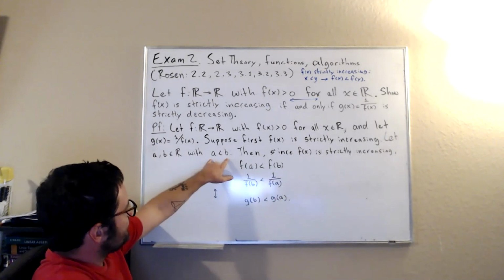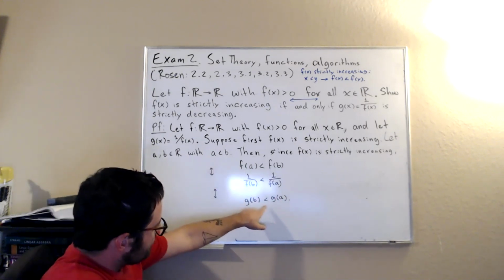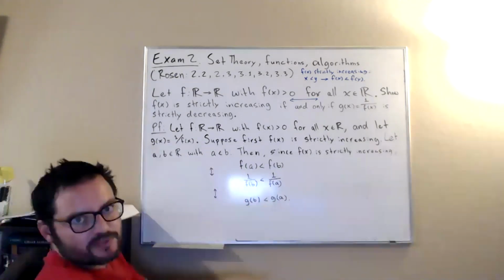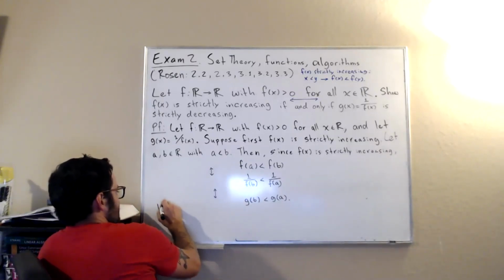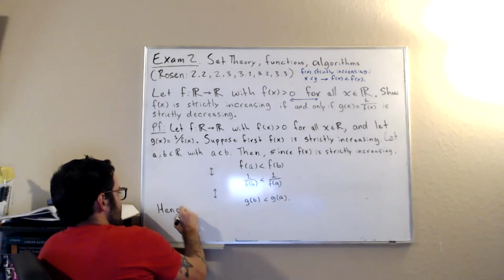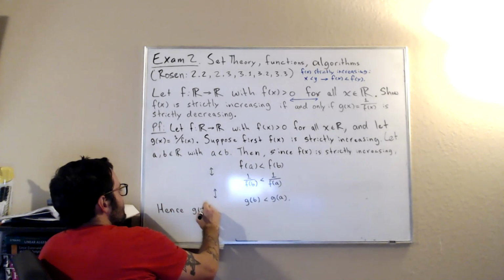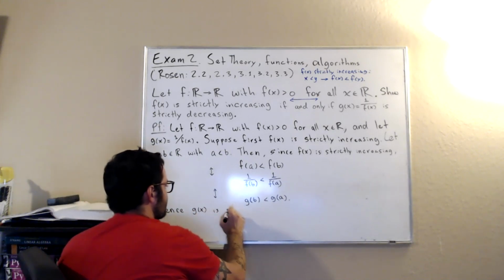So if a is less than b, then g of b is strictly less than g of a, which means that g is strictly decreasing. That means g of x is strictly decreasing.